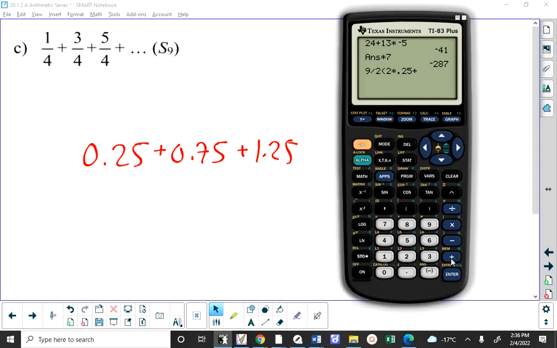Well, n is 9. 9 minus 1 is 8. So plus 8 times the common difference of 0.5. It's 20.25. If you want to impress your family, your pets, you can convert it to a fraction. It's 81 quarters.